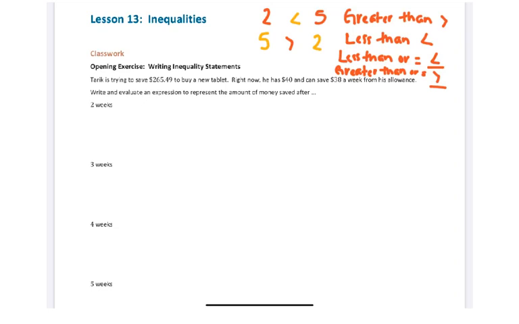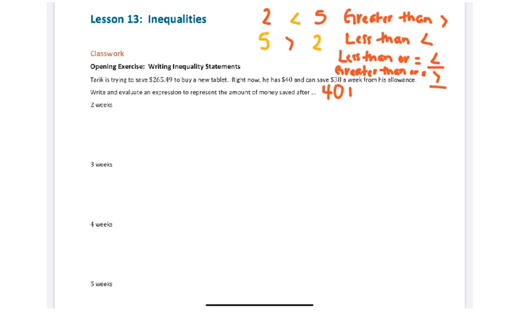So the first thing that I'm going to do in this problem is write an expression that will allow me to figure out after 2 weeks, how much money does he have saved? After 3 weeks, how much money does he have saved? And so on. So they told me that right now he has $40. So I'm going to write that down first. And he's saving $38 a week from there on out from his allowance.